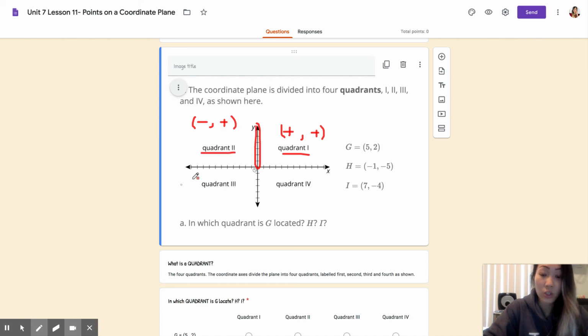Let's check quadrant 3. So quadrant 3, the x is going to be negative, and the y is a negative, right? So the y is going to be negative as well. So is the y positive? No, so I'm going to cross it out. So now I'm going to look at this one. The x is going to be positive because it is on this side of the number line.